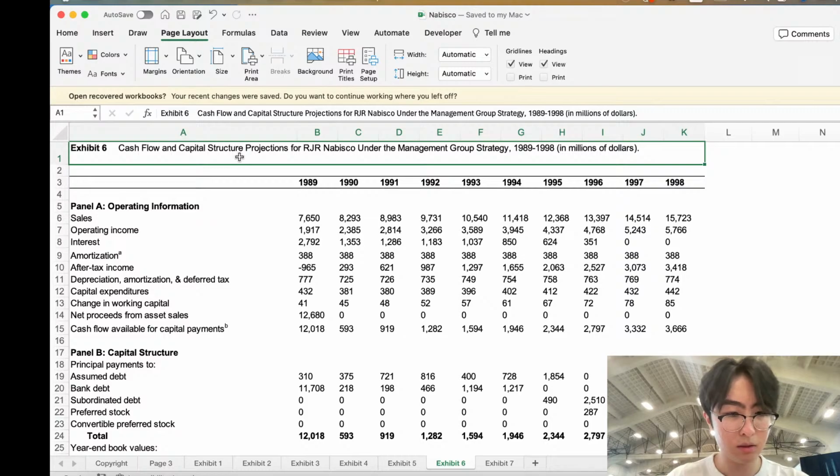Total. Okay. Alright. And then let's divide this by shares outstanding.